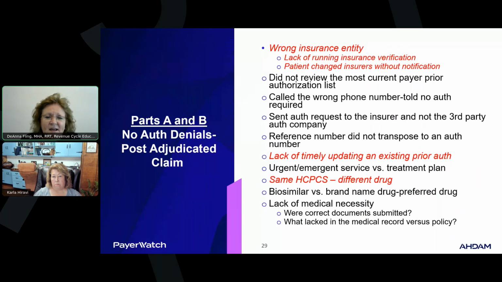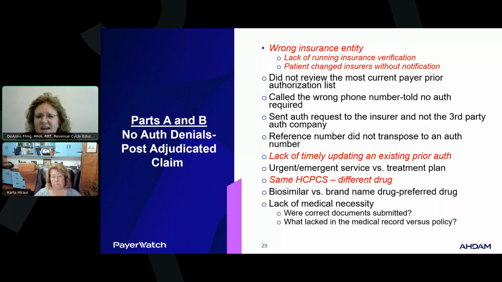Specifically for Part B, oncology, and infusion drugs, I always like to challenge these types of no auth denials. Number one, when there has been a change in the HCPCS code mid-treatment. Number two, when another drug with the same HCPCS code was administered due to a drug shortage.